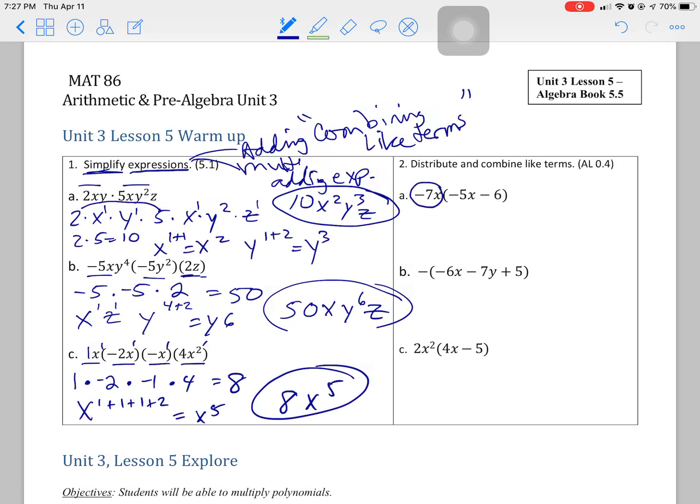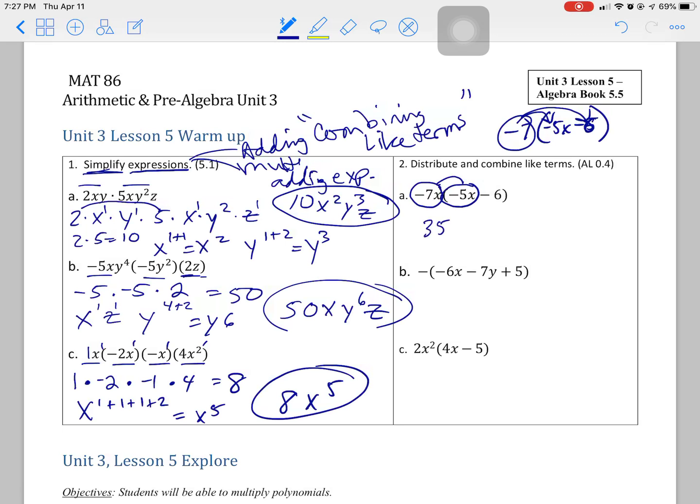Before we would just be doing something like that. We were distributing this negative 7 to here, to here. Now we're distributing the entire negative 7x to the entire negative 5. So negative 7 times negative 5 is a positive 35.